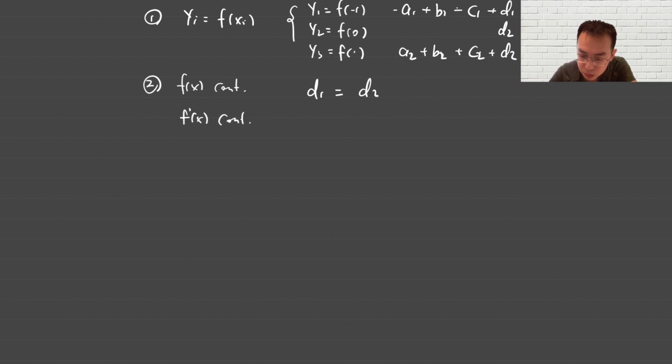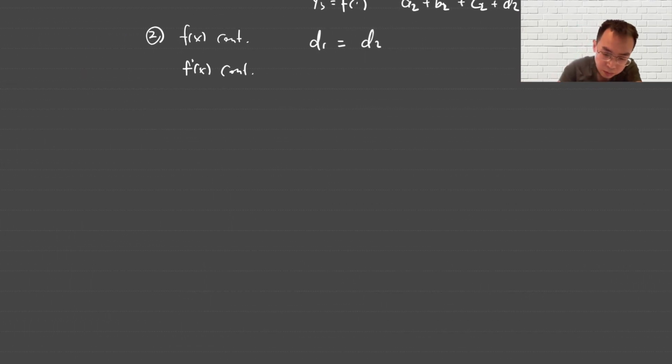Let's take the derivative first. f prime of x, we just take the derivative of this, and that's going to be 3a1 x squared plus 2b1 x plus c1, and then 3a2 x squared plus 2b2 x plus c2.